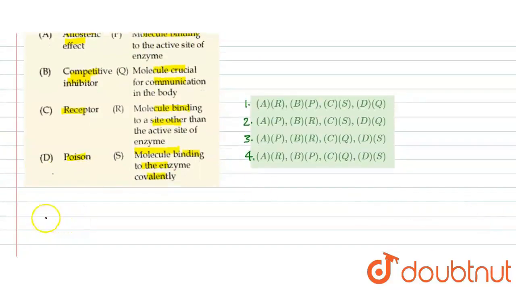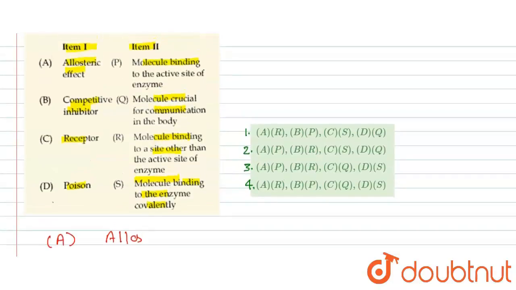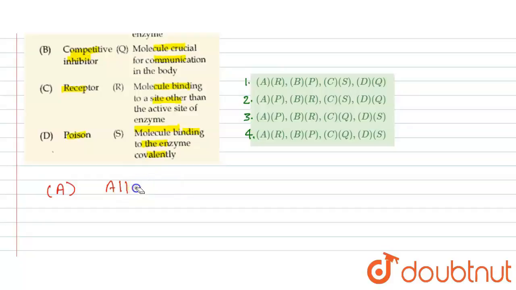So firstly we will talk about the first, that is allosteric effect. We know that in biochemistry, allosteric regulation is the regulation of an enzyme by binding an effector molecule at a site other than the enzyme's active site. The site to which the effector binds is termed the allosteric site or regulatory site.